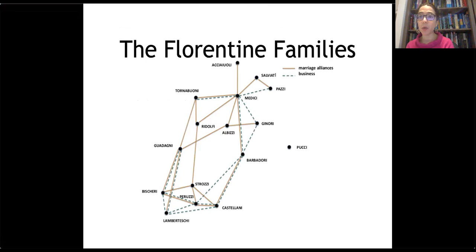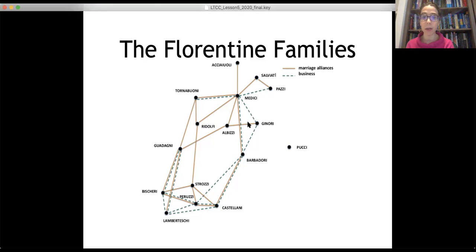In order to characterize the network of power of these families, sociologists built this multiplex network where interactions can be business relations, but also marriage alliances. A typical question addressed in this context is to have a measure of the centrality of some nodes to consider their importance in this network.